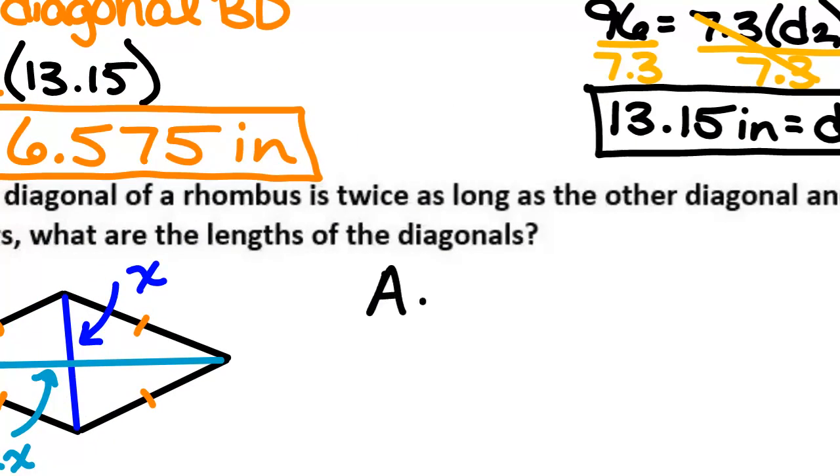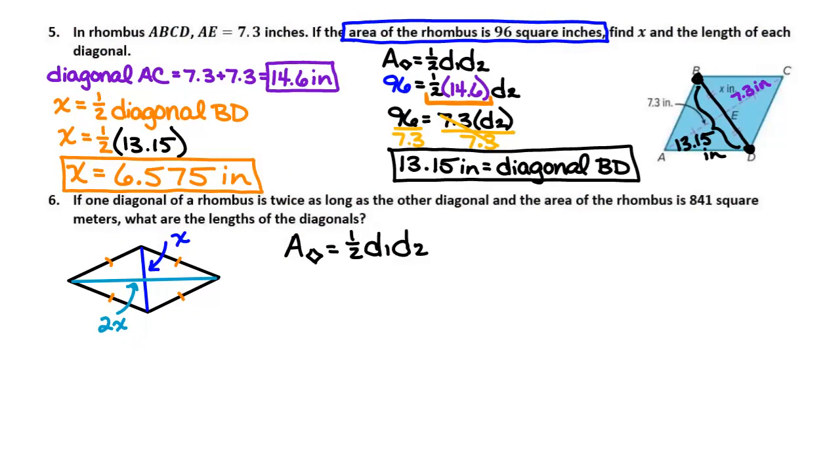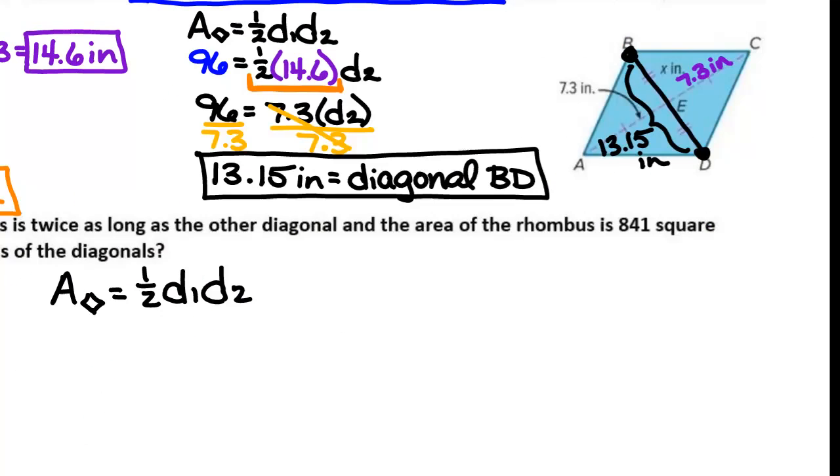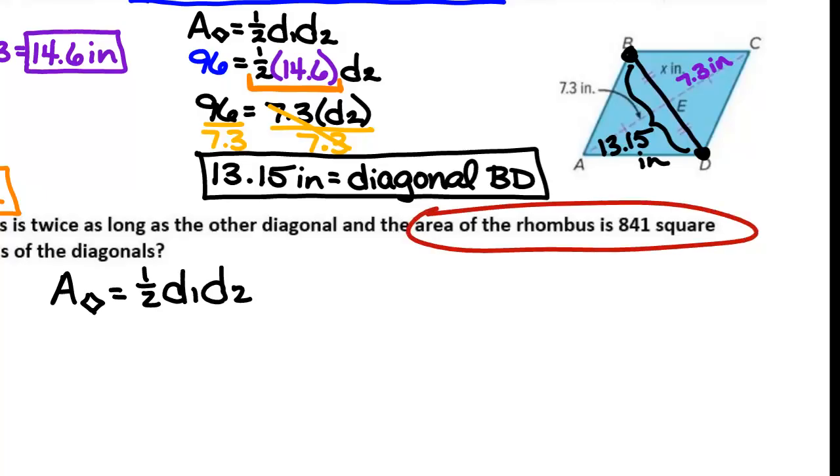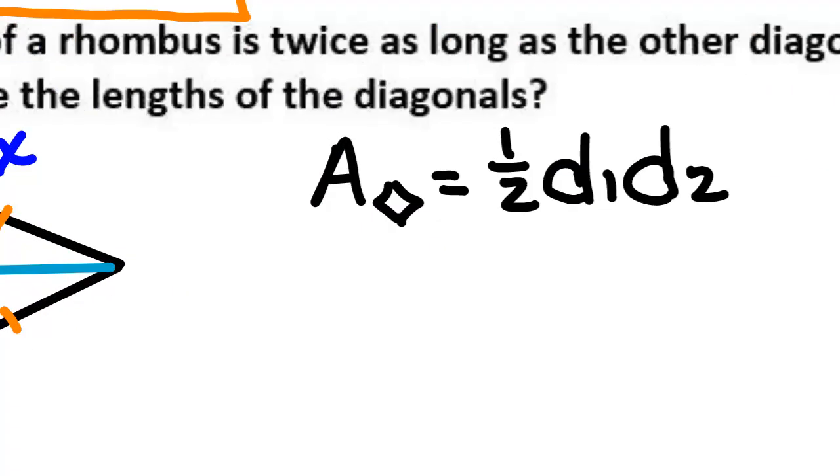And in a rhombus, you guys have already told me the formula is 1/2 diagonal 1 times diagonal 2. We have the area. The area is 841 square meters.